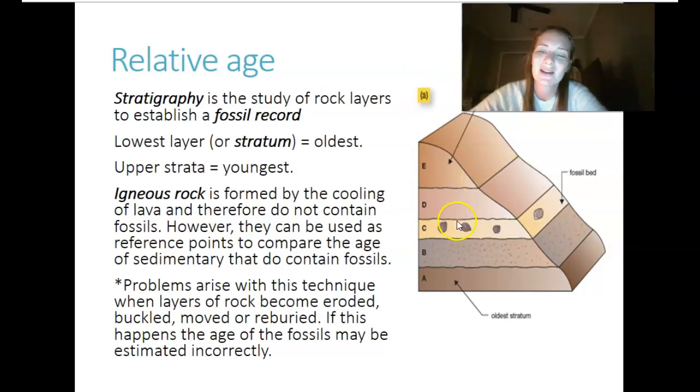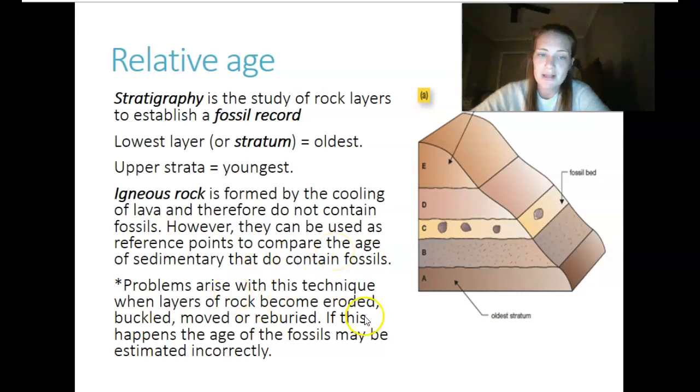So if we found this fossil here in layer C, we can estimate its age based on how much sediment has built up over time on top of it. And if we were to find another fossil in layer A, we would relatively be able to date its age as older than fossils in layer C.